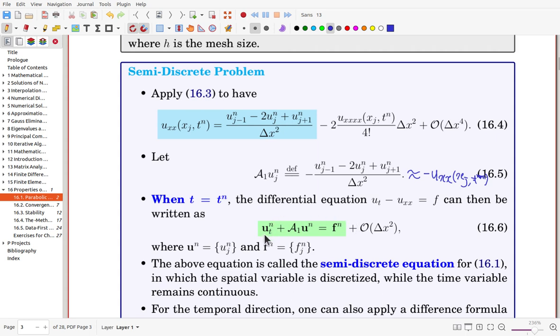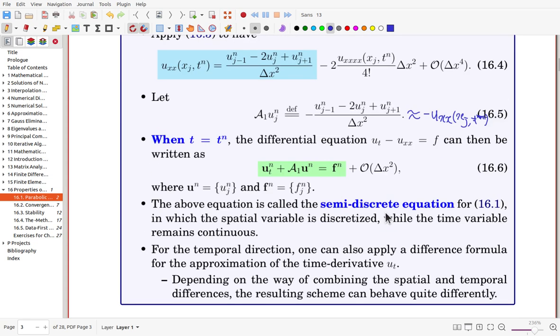Of course, here boldface u and f are vectors, collecting the values at the grid points in the spatial direction. This equation is called the semi-discrete equation, because only the spatial variable is discretized and the time variable remains continuous. So we call it a semi-discrete equation.